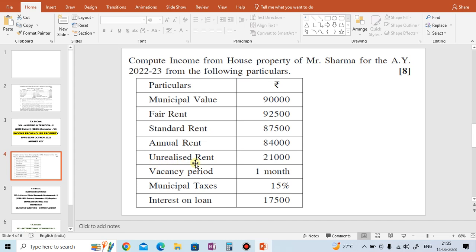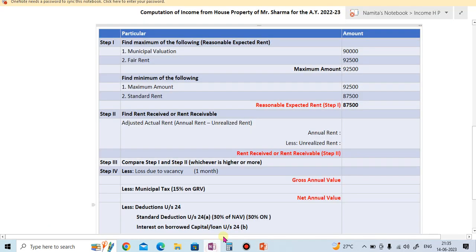Unrealized rent is the rent which is not paid by the tenant to the owner. So unrealized rent is 21,000. Annual rent is 84,000 and unrealized rent is 21,000. So how do we find adjusted annual rent?